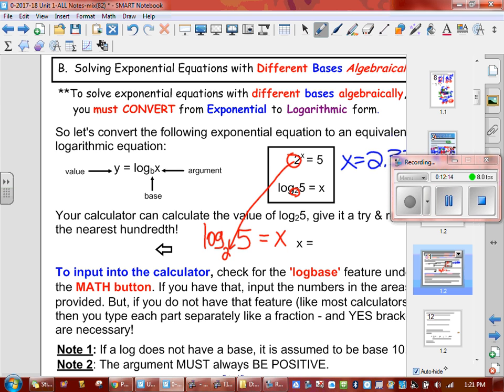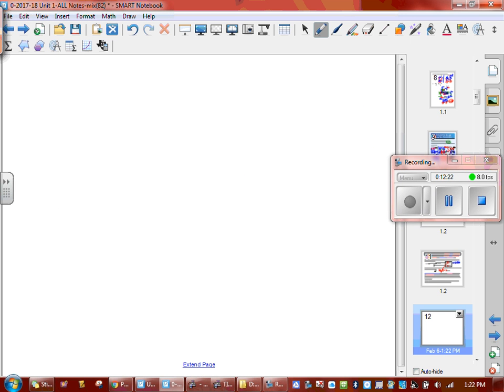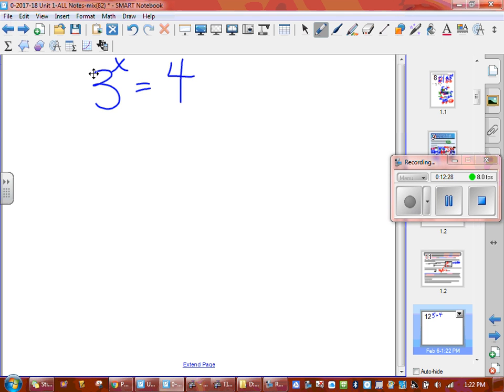So, I'll do another couple examples. I've got 3 exponent x equals 4. We're going to switch that to log form. So I'm going to write the word log. Now, which number is going to hang down by that G? The 3. Good. Now, where did the x and the 4 go?